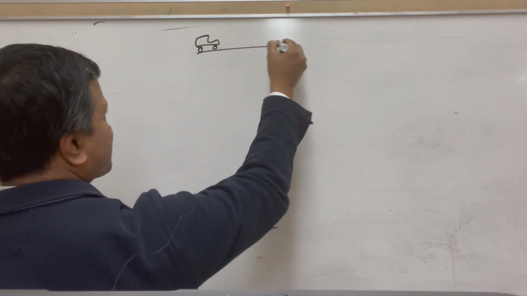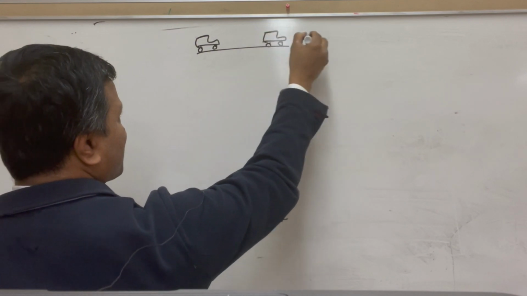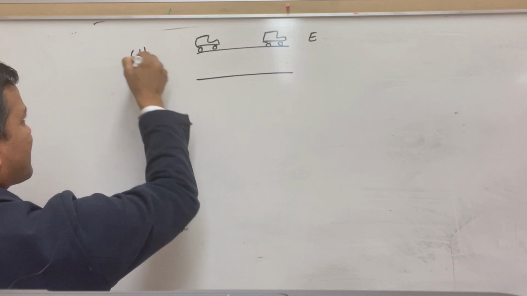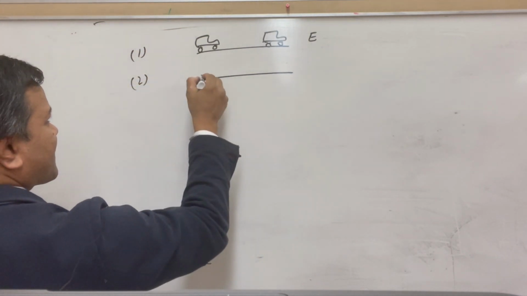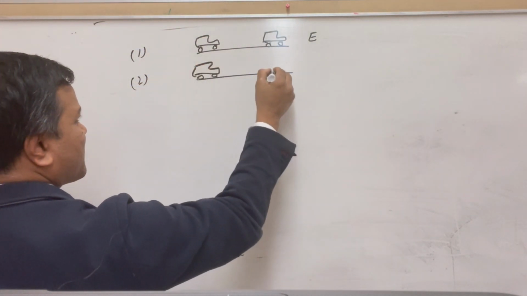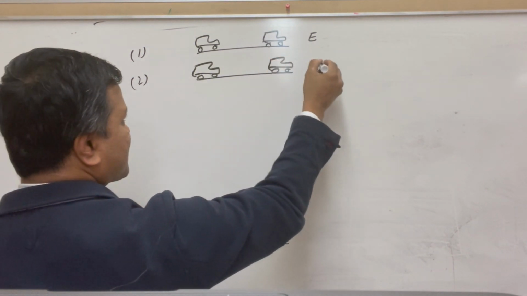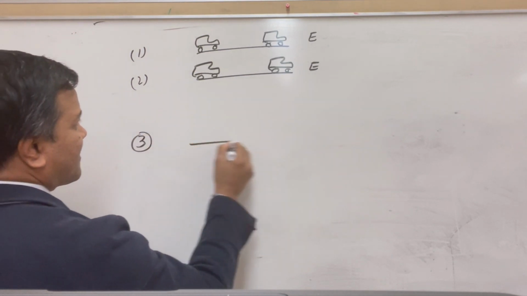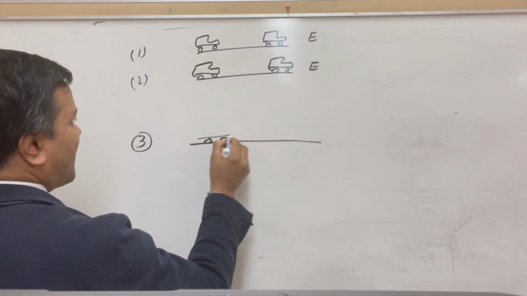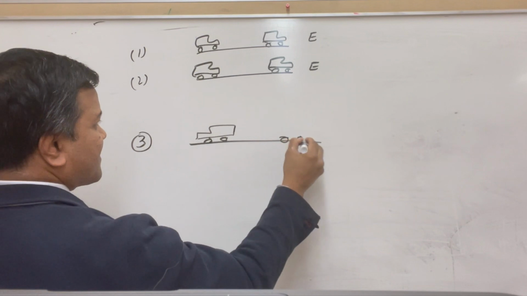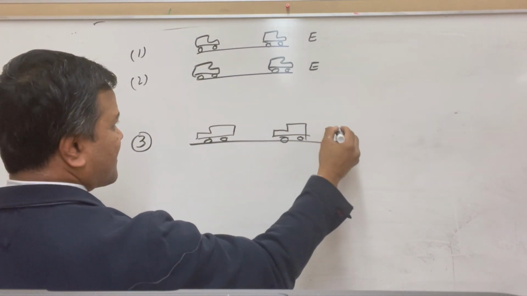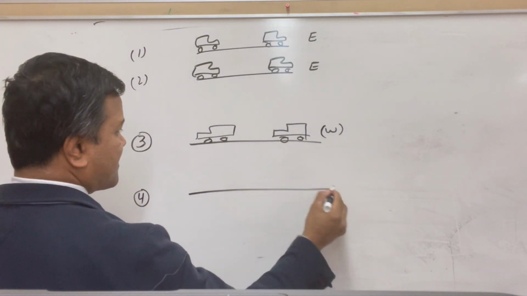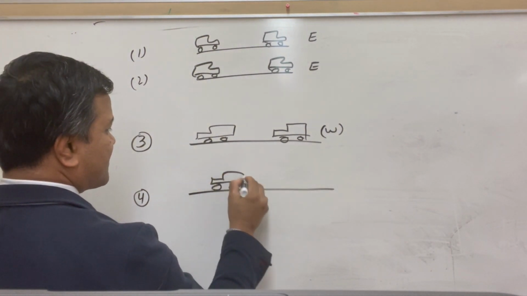Scenario 1: the car is moving to the east. Scenario 2: the car is still moving to the east. Scenario 3: the car is moving to the west. Scenario 4: the car is moving to the west.